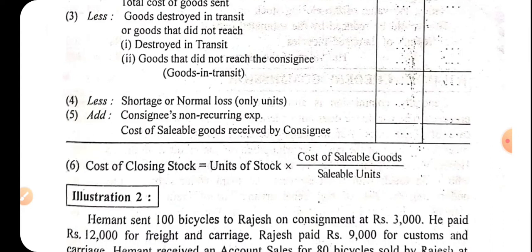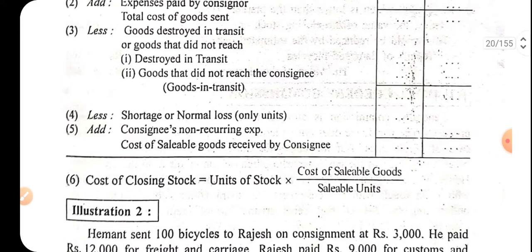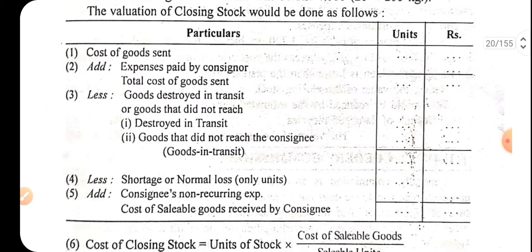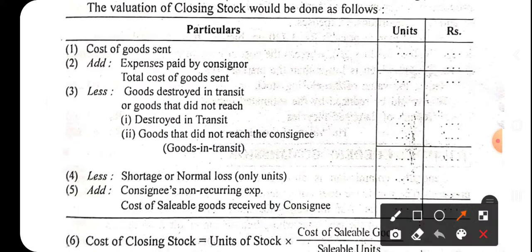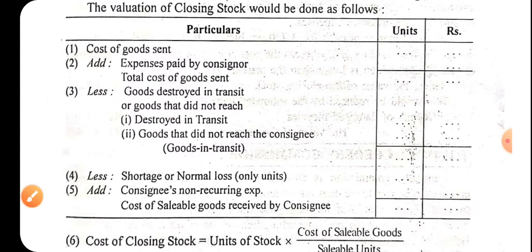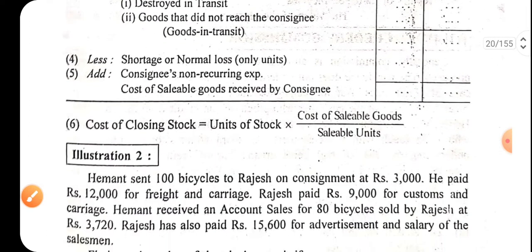Then add the consignee's non-recurring expense. With this calculation, we find the cost of sellable goods received by the consignee. The above statement is for the cost of sellable goods received by the consignee, which will be utilized to evaluate the cost of closing stock.